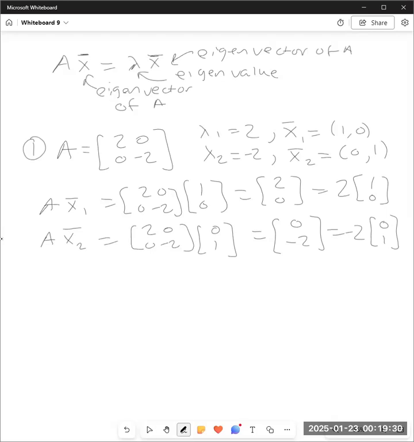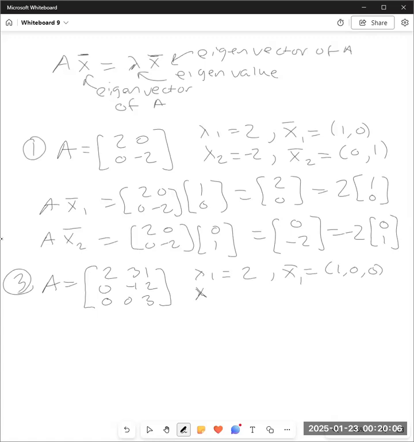Let's try that now with a 3 by 3 instead of just a 2 by 2, with number 3. So A is equal to 2, 3, 1, 0, -1, 2, 0, 0, 3. And they want us to know that lambda 1 is equal to 2, and that's associated with the eigenvector 1, 0, 0.